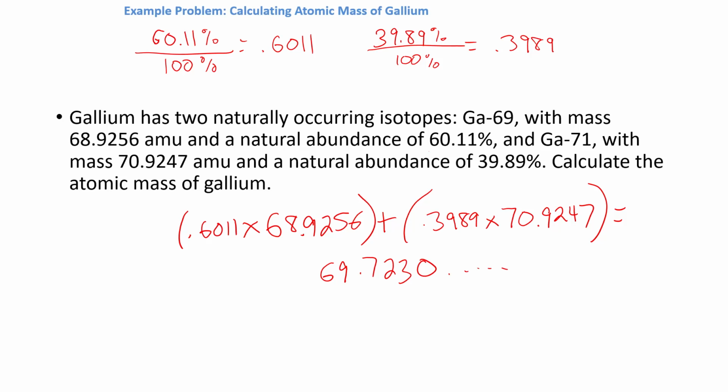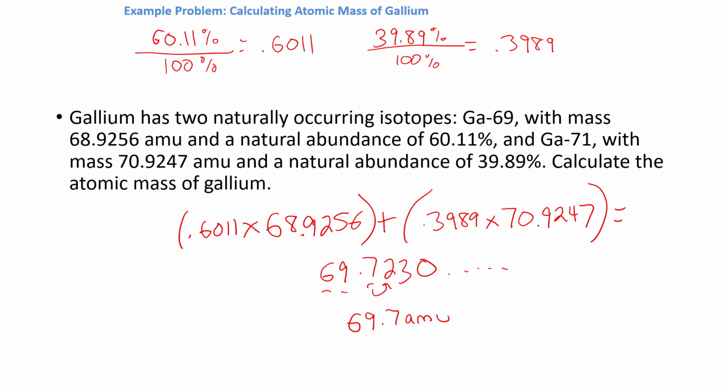But as I stated in this class, just to make everything simple, we can round it all to 3 sig figs. So 1, 2, 3, look to the right, and we're going to have to leave this 7 where it is because the next number is 2, and we just drop it. So 69.7 AMU is our final answer.